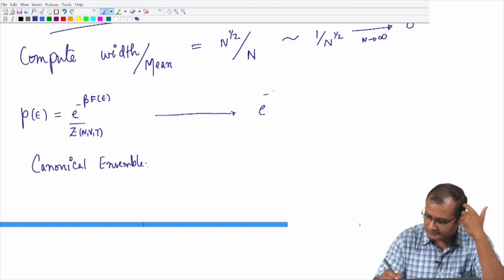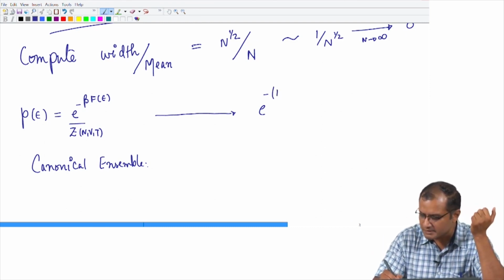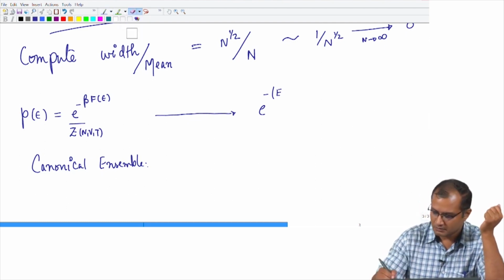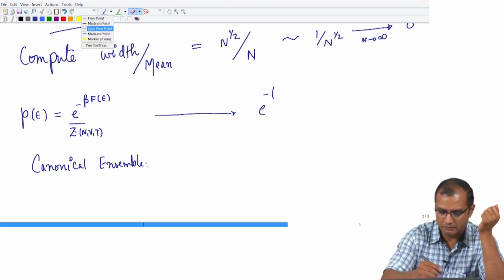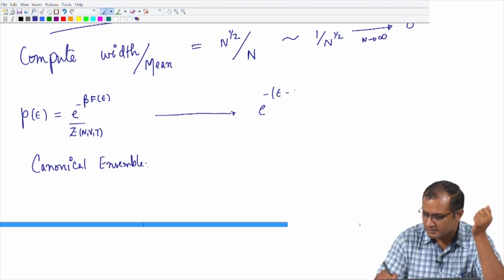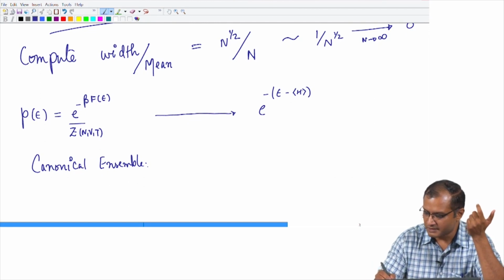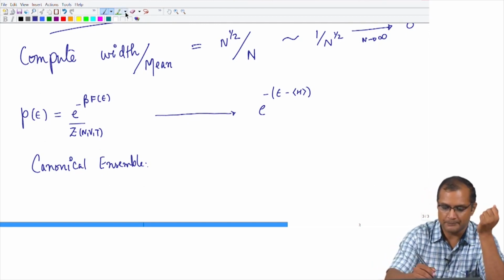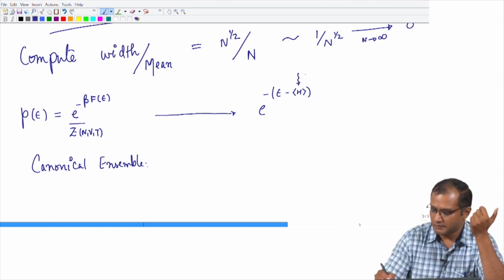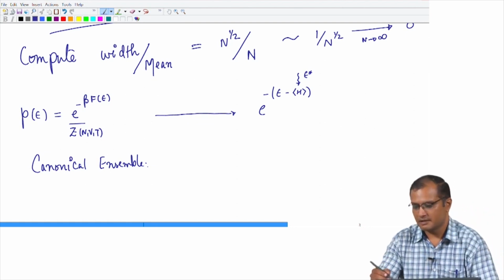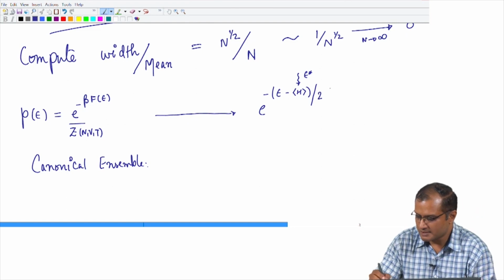So, I am going to write it as e to the power minus (E minus E star) squared divided by twice sigma squared.